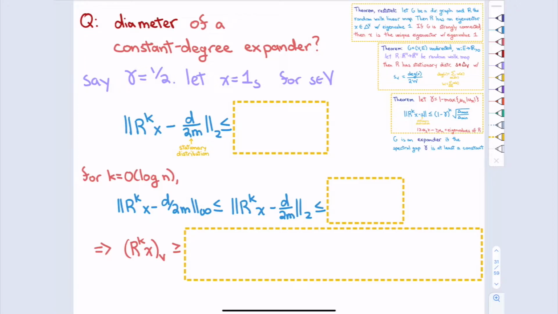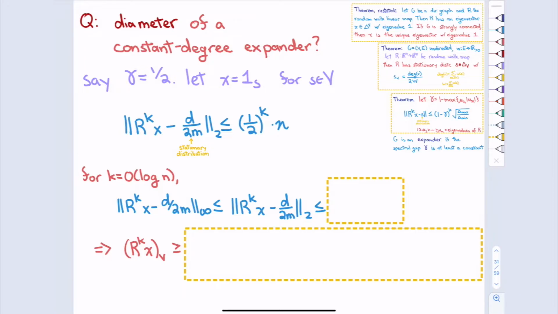If the spectral gap is 1/2, all right, I'll just be lazy and put an n there. I guess it should be at least square root n.